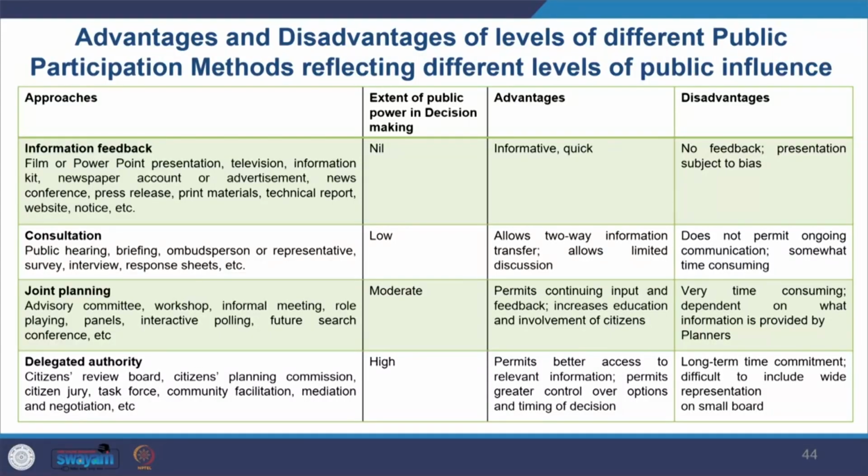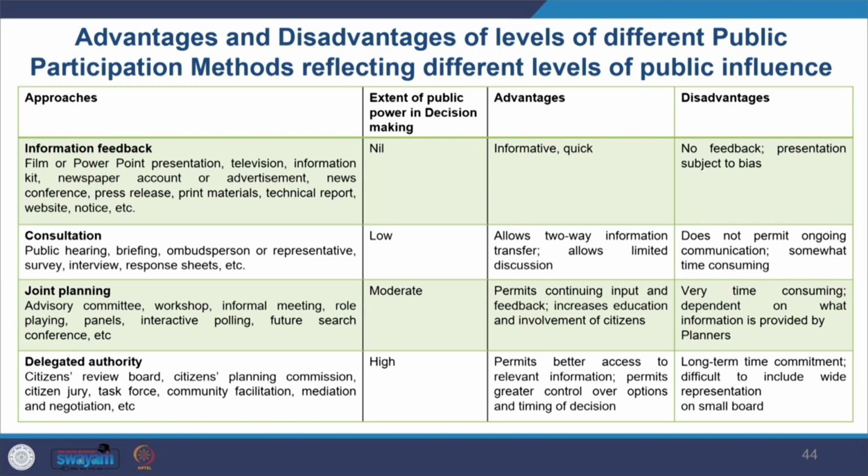So now looking at the advantages and disadvantages of levels of different public participation, we see that one approach is information feedback. So what you can do is use film or PowerPoint presentation, television, information kits, or you can use newspaper, or you can advertise, do the advertisement in the news conference, press conference material, website notice, all these.